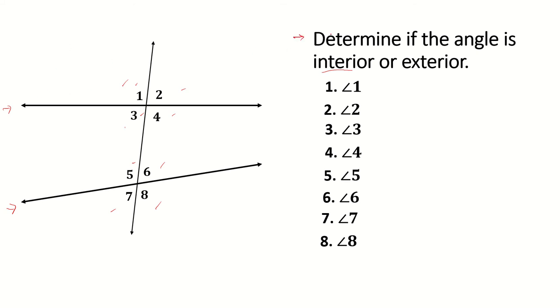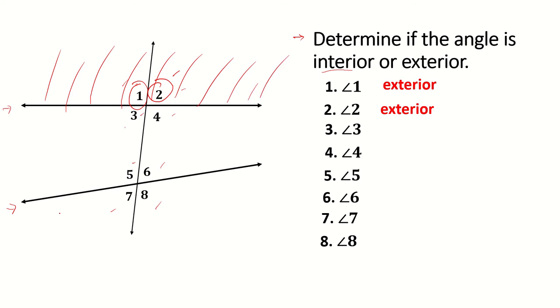There you go. We can already answer the sample problem that we have here. Angle 1 is in the upper part of our line. That means it's an exterior angle. Angle 2 is also an exterior angle because it's in the upper portion of our line. Angle 3, since it's inside, is an interior angle.